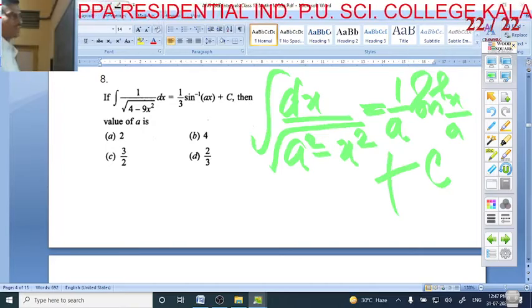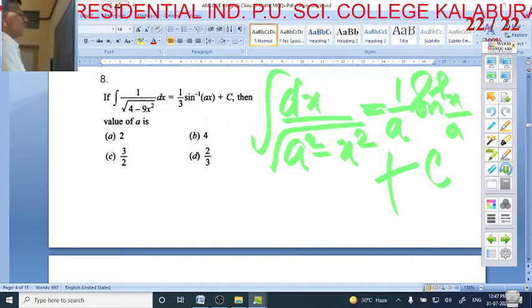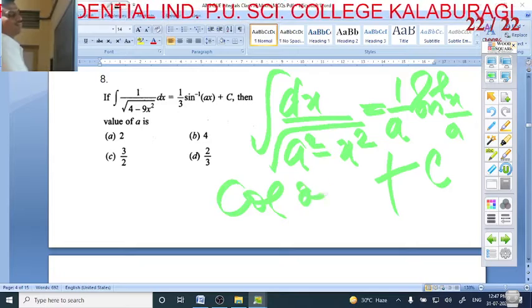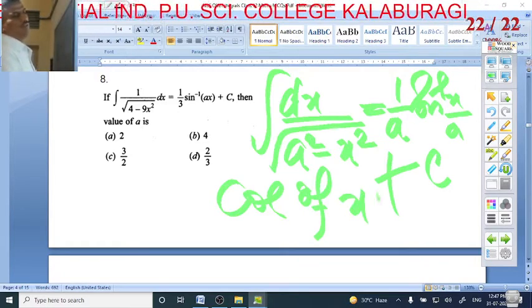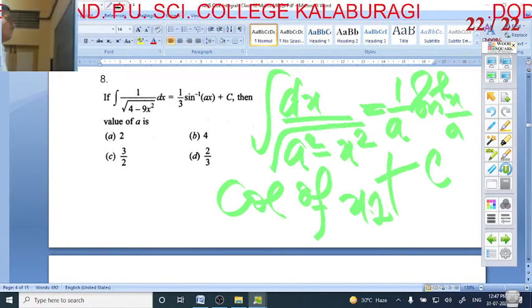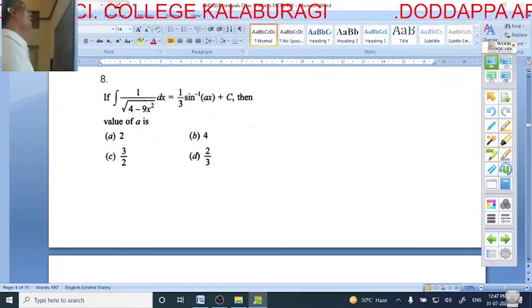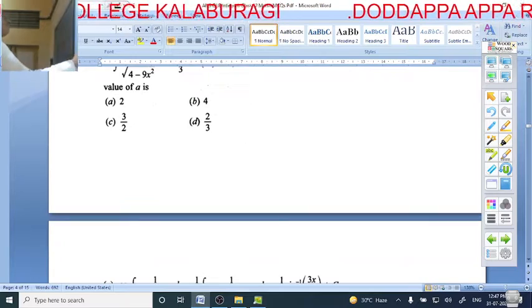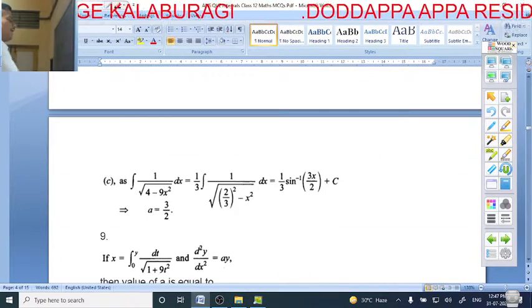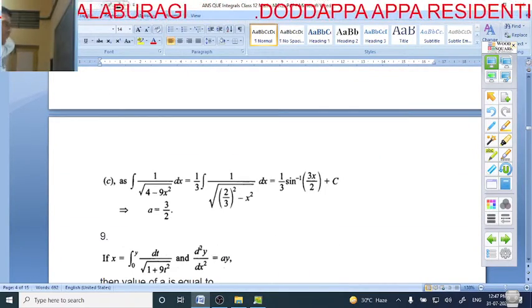This formula is applied when the coefficient of x square is 1. Now here, if it is not 1 but 9 is there, make it 1 by taking 9 as a common factor.